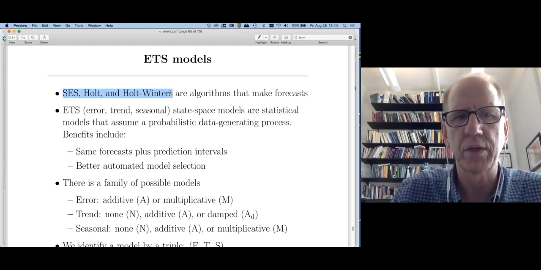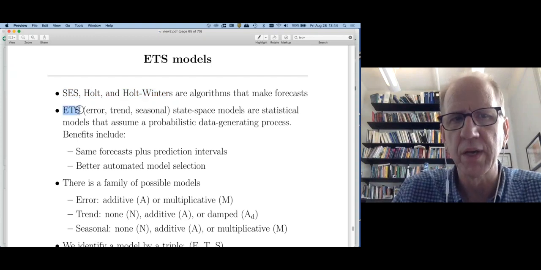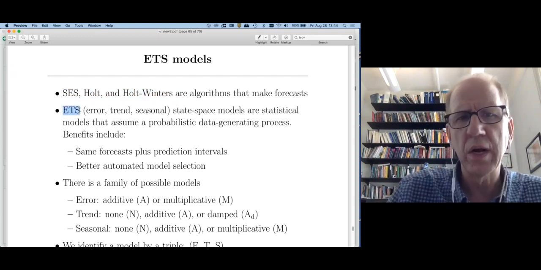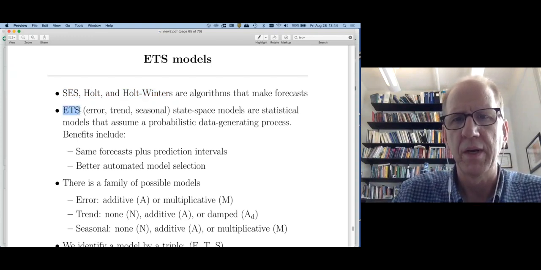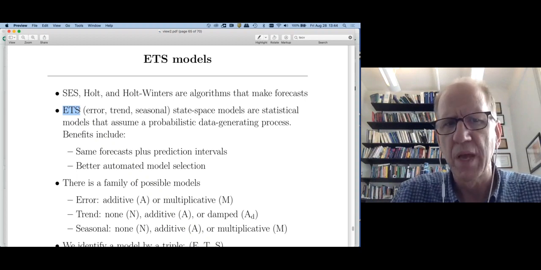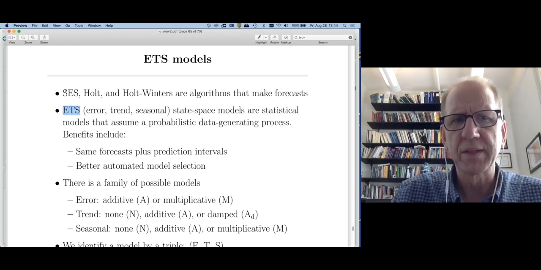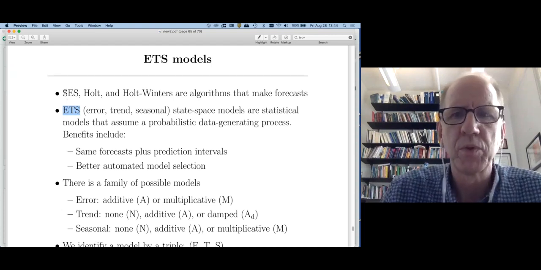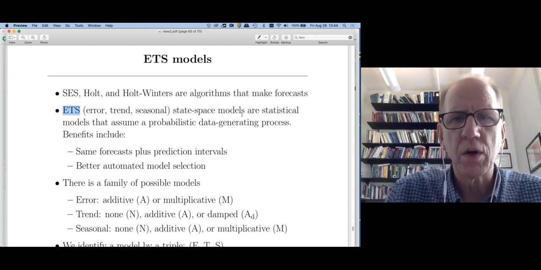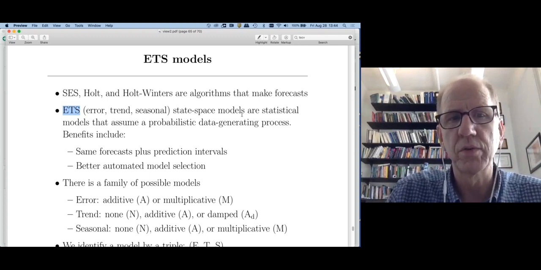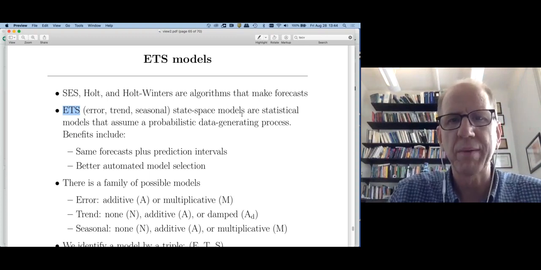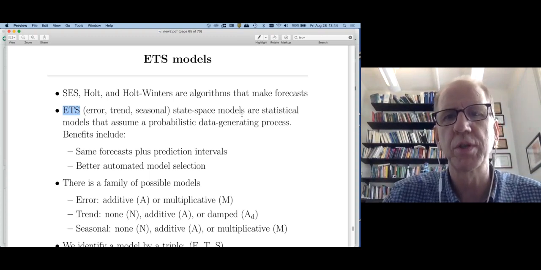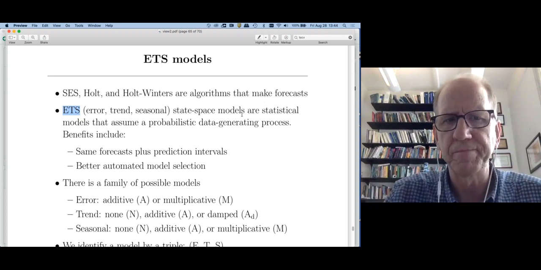These models are called ETS models. ETS means error, trend, and seasonal state space models. So unlike the methods that I've talked about, which are commonly referred to as exponential smoothing methods, these are statistical models that assume a very specific probabilistic distribution that gave rise to the data.